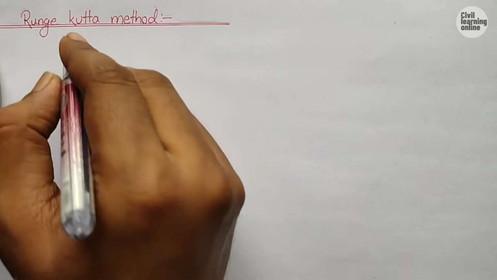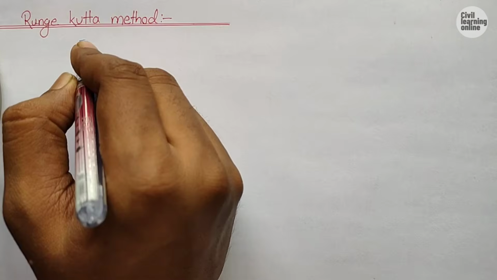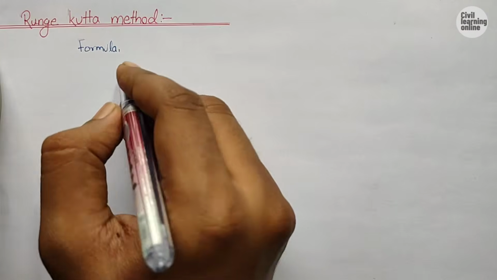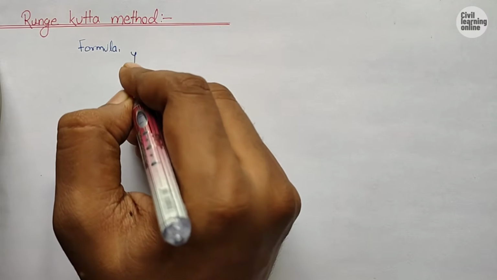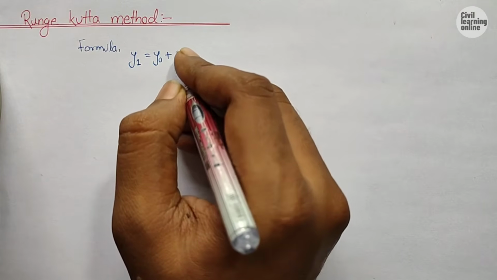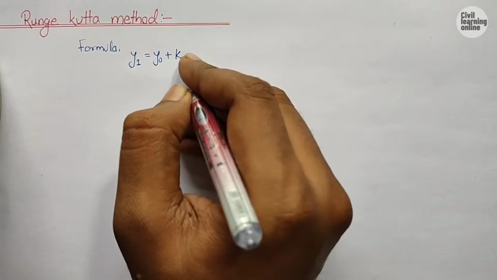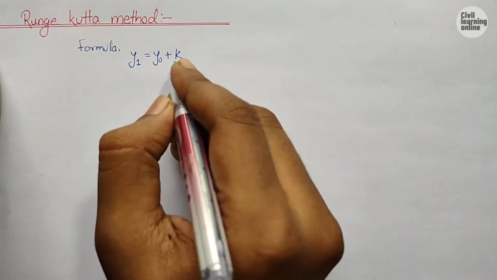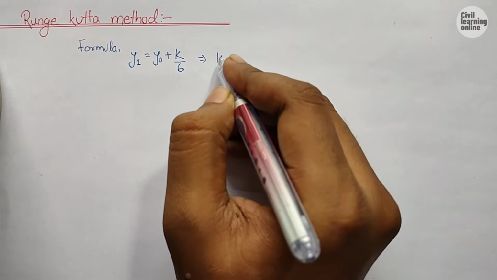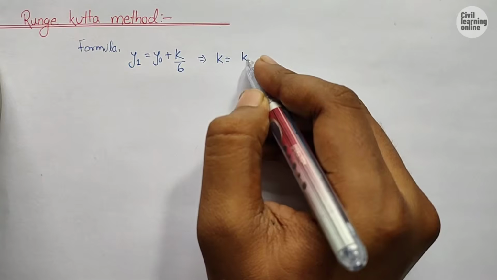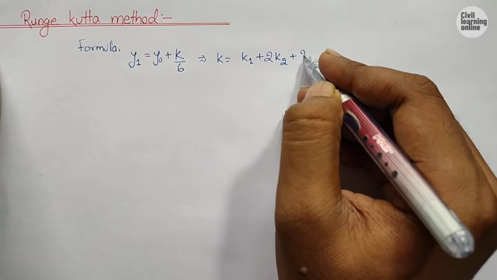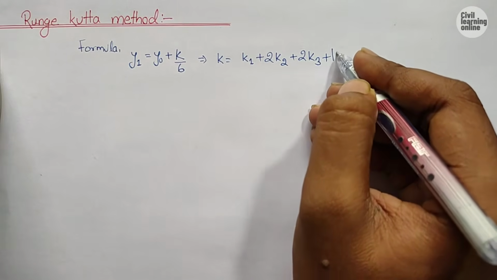So the formulas are: if we are calculating the value of y1, then y1 equals y naught plus k upon 6, where k equals k1 plus 2k2 plus 2k3 plus k4.